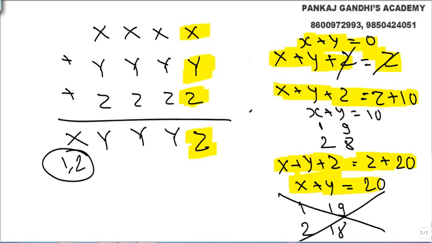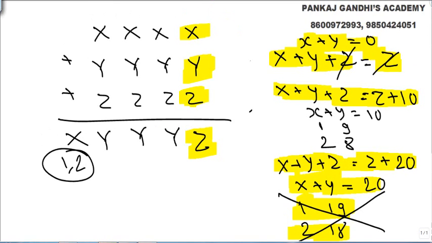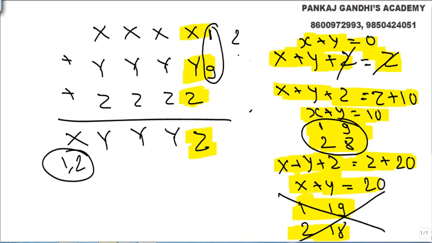If I try 20 plus z, we get if x is 1, y 19, 18, a digit can never be more than 9, not possible. So what we get is, this has to be the answer. If x is 1, y will be 9, if it's 2, y is 8.